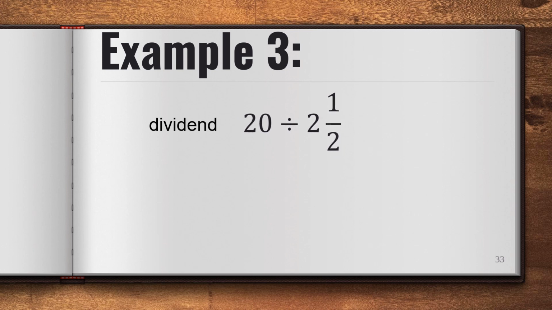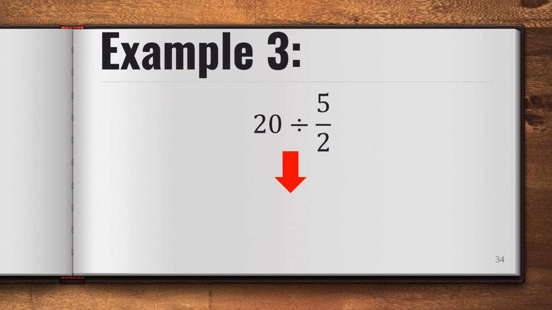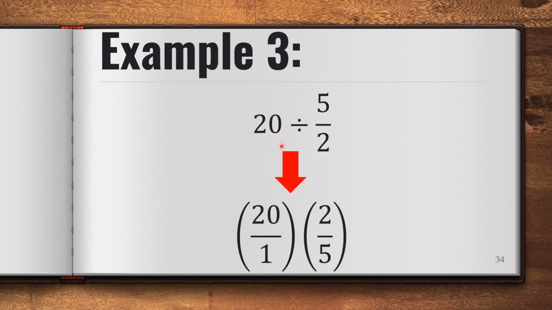Okay, so let's change everything. 2 and 1/2 as an improper fraction is 5/2. And then after that, we'll just copy 20 again, so that will become 20/1.